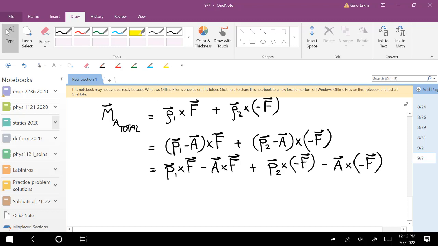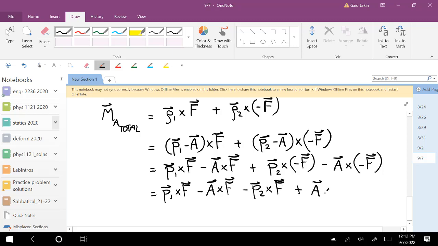And now you can pull those negatives out to the front. So this turns into P1 cross F minus A cross F minus P2 cross F plus A cross F. And this is the step where you can see where that dependence on the about point goes.